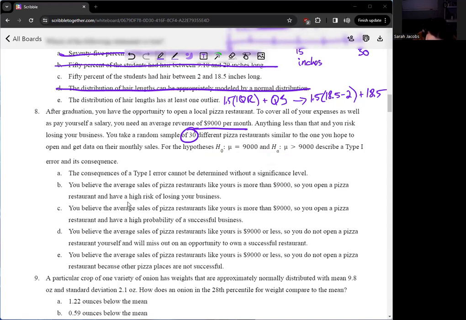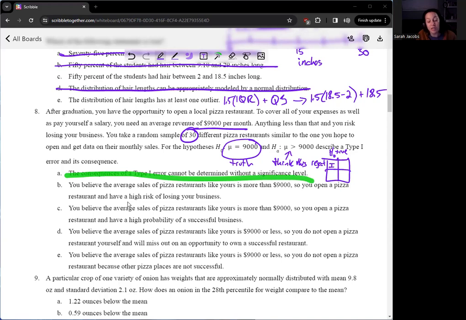Okay, so a type 1 error means that the null is true, but you reject the null. So what this means is this is true, but we think this is happening. We think that, but this is the truth. Okay, so the consequences of a type 1 error cannot be determined?